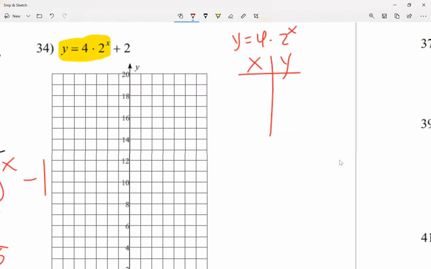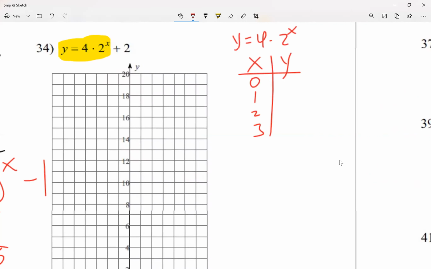My x values, I'm going to start at 0, and I'm going to go the positive values. So 0, 1, 2, 3. My first y value is going to be a 4. For me to come up with the next y value, I have to multiply by the base, which in this case is 2. So times 2. So 4 times 2 gives me 8, 16, 32.